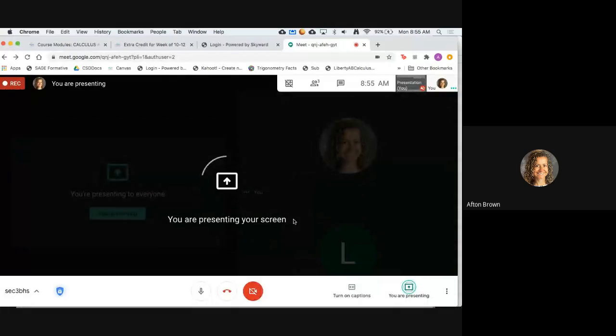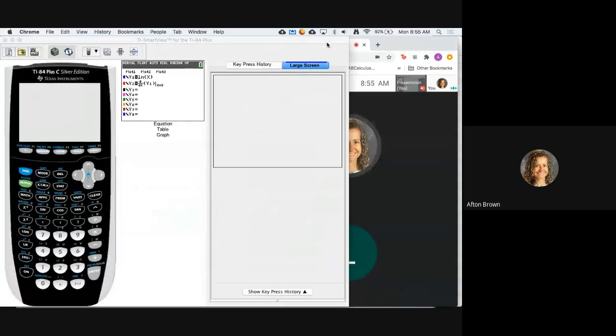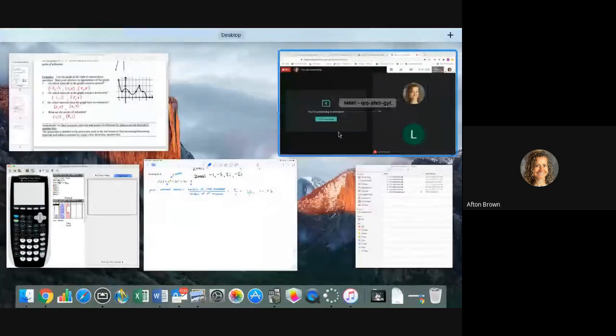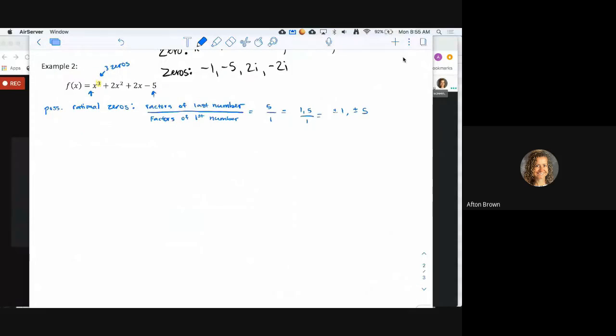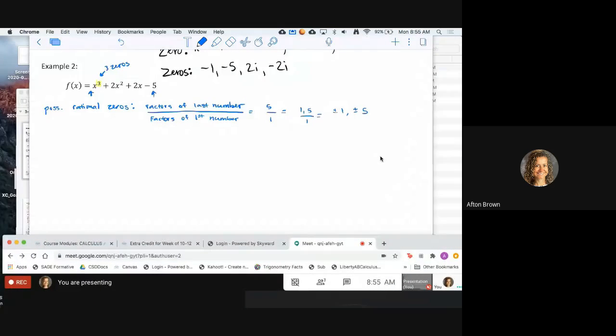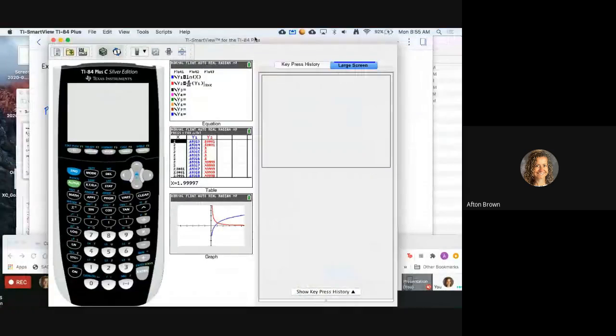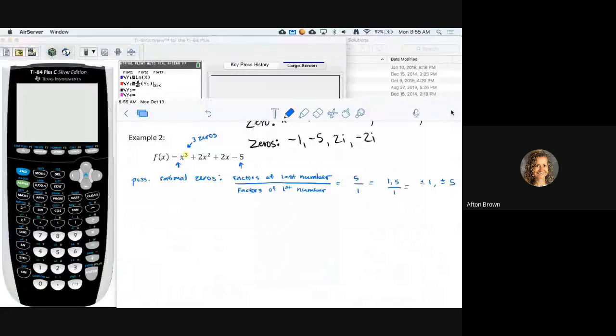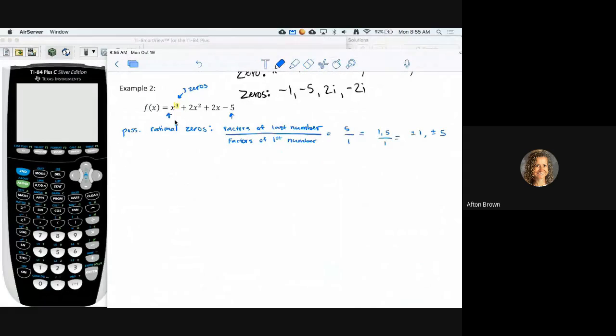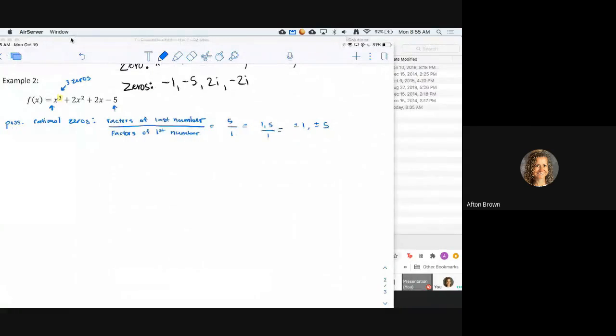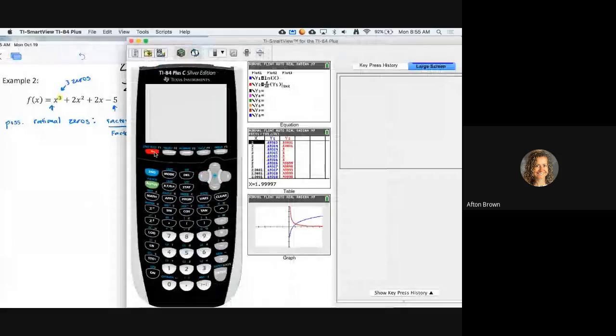My calculator. Okay, again, in my calculator, I'm going to go into y equals, and I'm just entering in this cubic function, so that I can still see it.